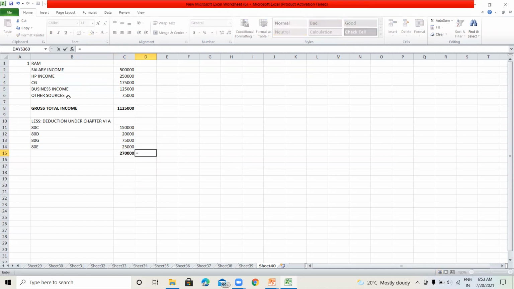So the total deduction will be 2,70,000, and the taxable amount will be 8,55,000.